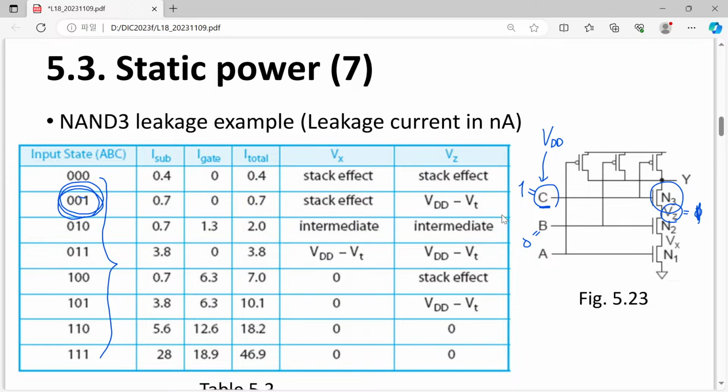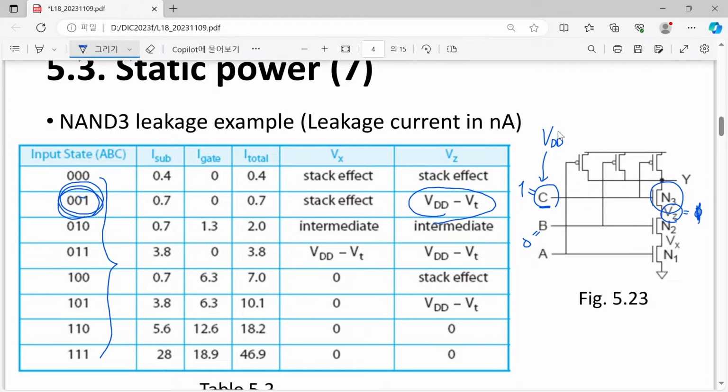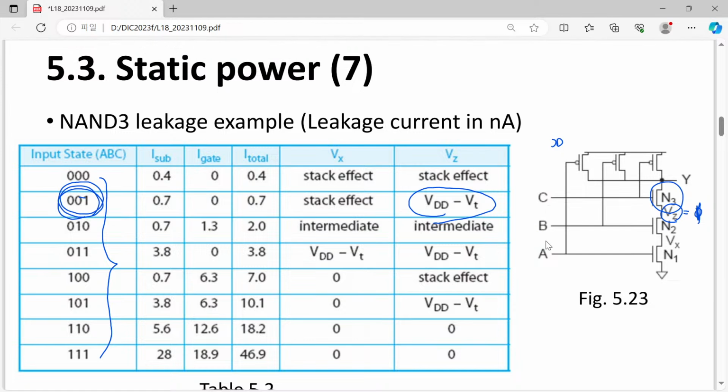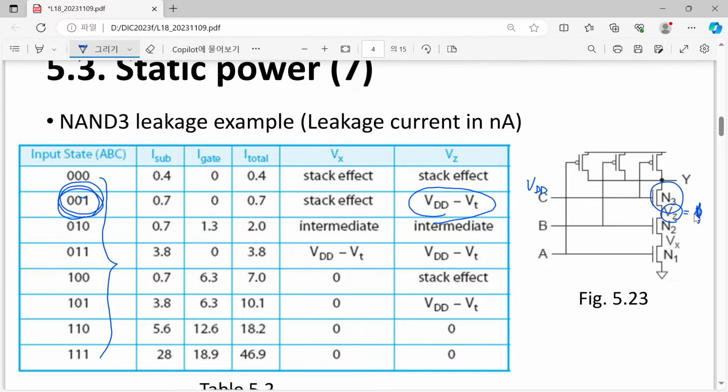The voltage in this case will go approximately to this level. Why? Think about this once again. Here we have VDD, and this level becomes VDD minus VT over our N3 transistor. Then when we have this condition, this C transistor is also turned on.